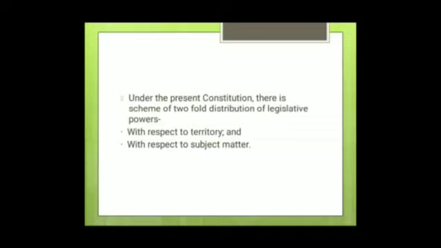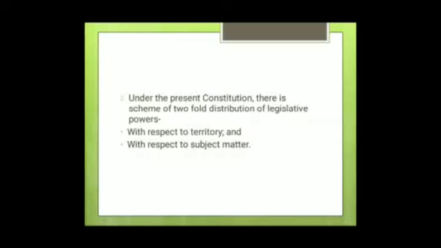Exactly what does Article 245 clause 1 say? It provides that, subject to the provisions of the constitution, Parliament may make laws for the whole or any part of the territory of India.